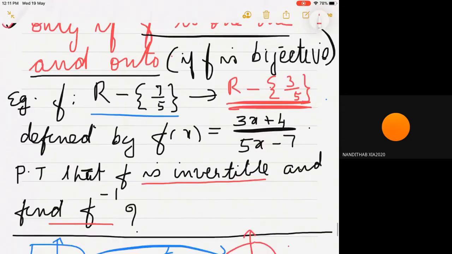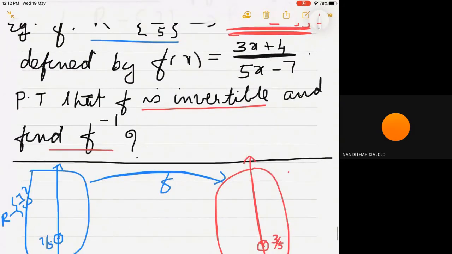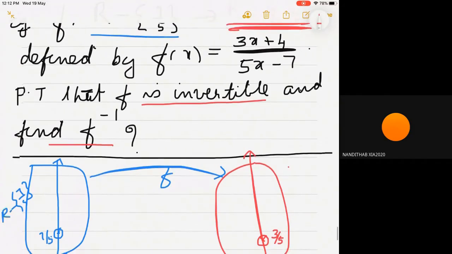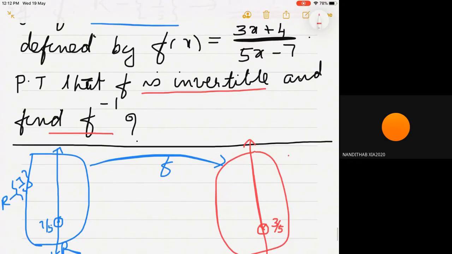So in order to prove f is invertible, it is enough to prove that f is 1-1 and onto. In other words, if a function f is bijective, then f is always invertible. Bijective means 1-1 and onto.